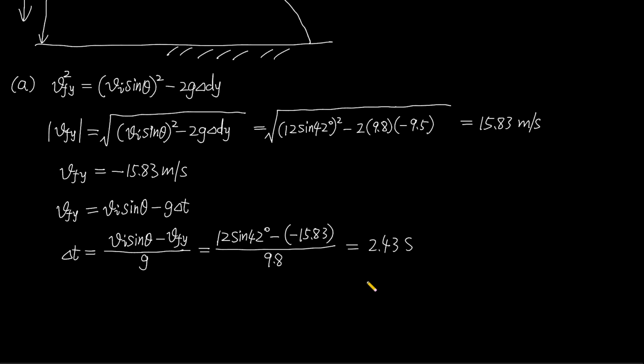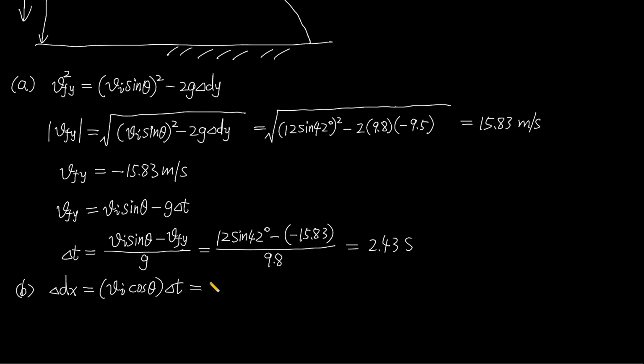And question B, it asks for the width of the moat. So in fact, it asks for the horizontal displacement. We know this formula: the horizontal displacement equals the initial velocity multiplied by cosine theta multiplied by time interval delta t.